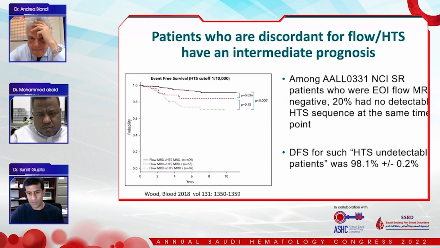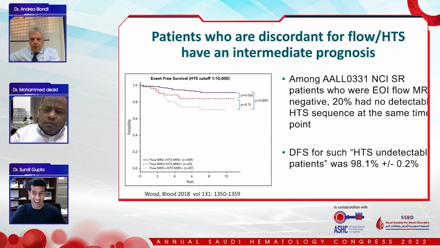So this is essentially the exact slide that Dr. Stania showed you, which shows that among previously treated NCI standard risk patients who were end of induction flow negative, MRD negative, 20% also had no detectable HTS MRD at the same point. And the disease-free survival for these HTS undetectable patients, as we call them, was 98%, right? So just as good as the traditional standard risk favorable kids I was talking about just prior to this.